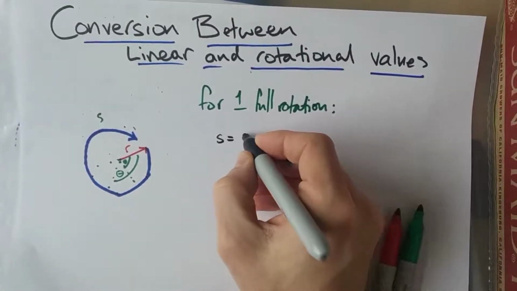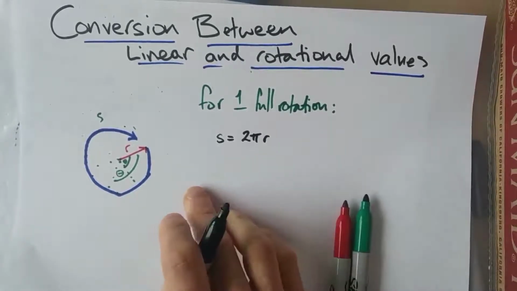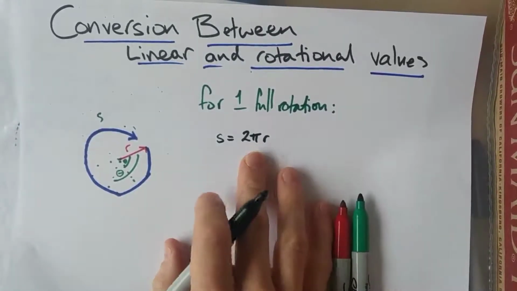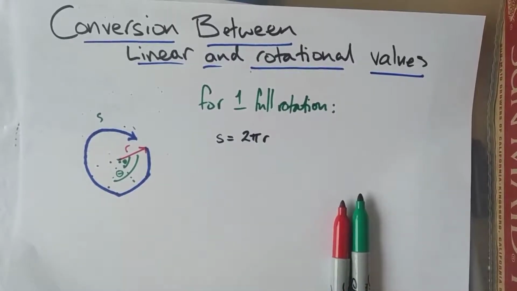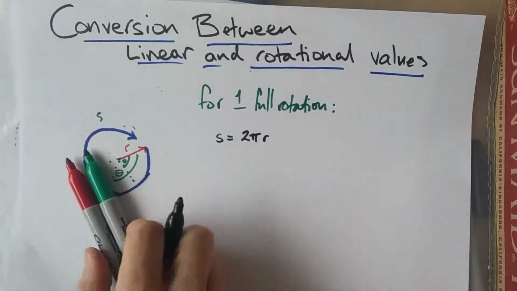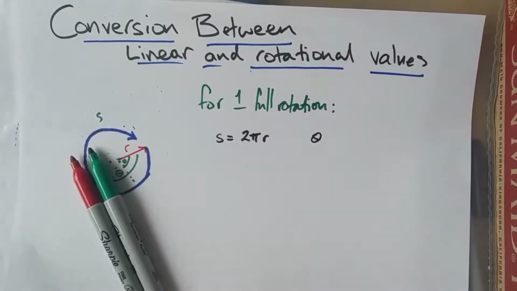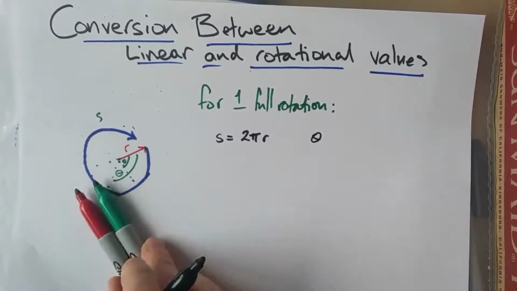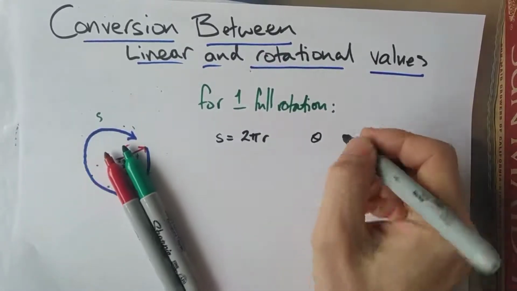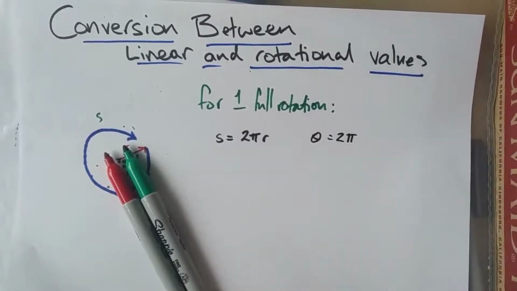So s is 2 pi r. So pi d, or 2 pi r, is the circumference of a circle, so that's your displacement for one full rotation. And what's our angular displacement? Well, that's just one full circle. And in radians, one full rotation, I hope you know from mathematics, is 2 pi.